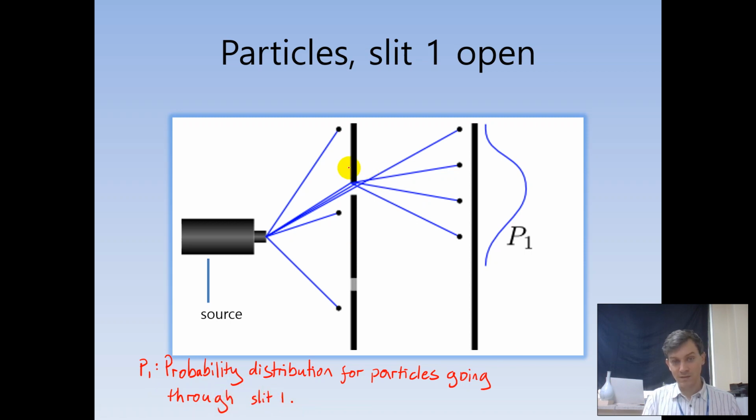Okay, slit 1 being the slit here. Right, this is slit number 1, this is slit number 2, which is closed in this first picture. Okay, so there's here this large amplitude means that you have a high probability of particles arriving at the screen here, and here a low amplitude means you have a low probability of particles arriving at the screen up here and down here. Okay, so hopefully that's clear.